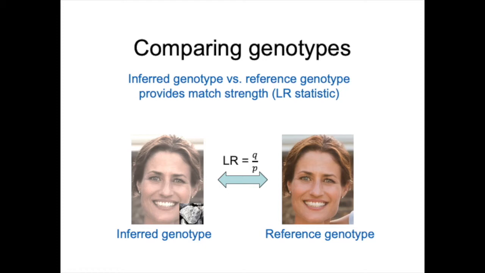That's the match strength. And you see that we can compare an inferred evidence genotype from Sarah on the left, from her victim remain, that little gray round thing, with her reference genotype if we had it. And what the match statistic is, and there's no math here, is a certain chance of seeing her genotype in the population.